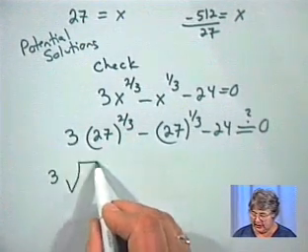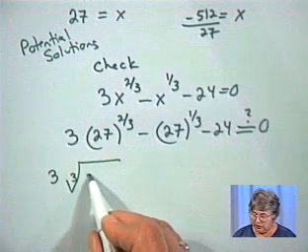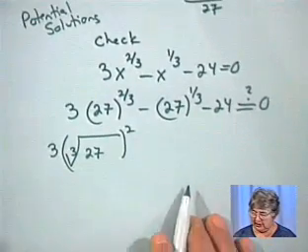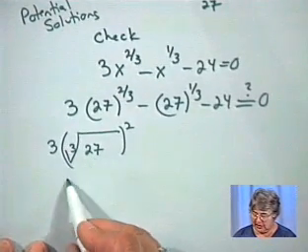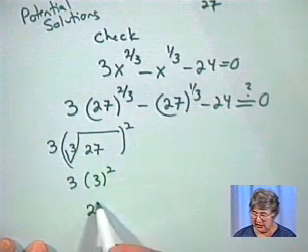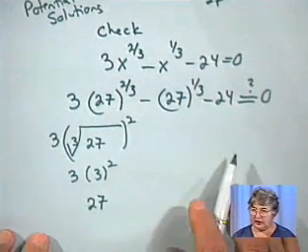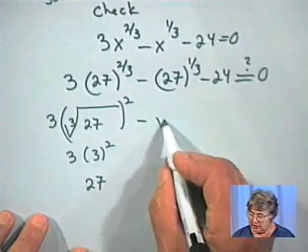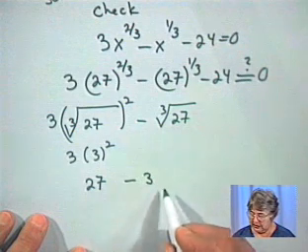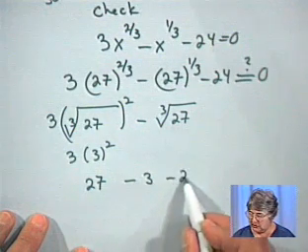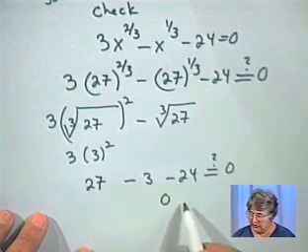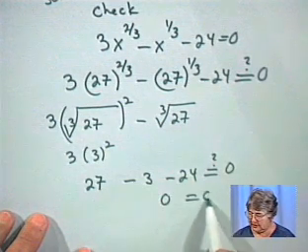And so here we've got 3 times the cubic root of 27, and that needs to be squared for this first term. Well, the cubic root of 27 is 3, so we have 3 times 3 squared. That's 9 times 3. We end up with a 27 for the first term. Okay? For the second term, we're simply going to have a 3. So 27 minus 3 minus 24, is this equal to 0? Sure. We have 0 on the left, 27 minus 27, 0 on the right.